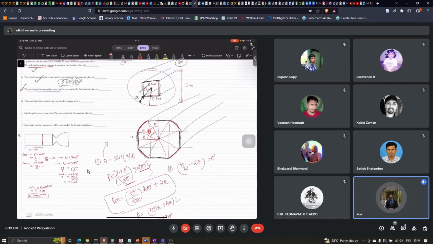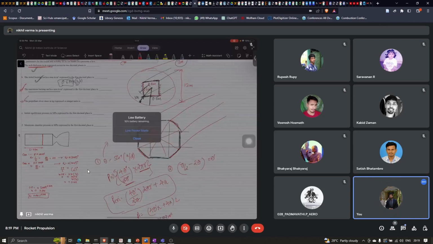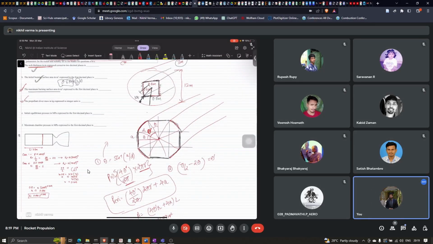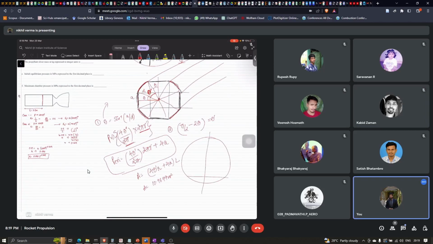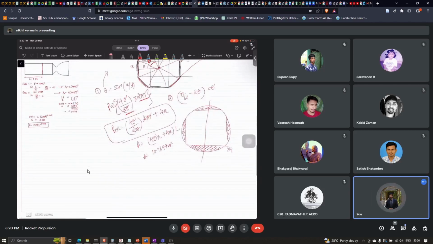So now the thing is sliver mass. What is sliver? The remaining mass that is unburnt. So this is this part, into 4, because we'll have it here also. So you know this A, you know the diameter.